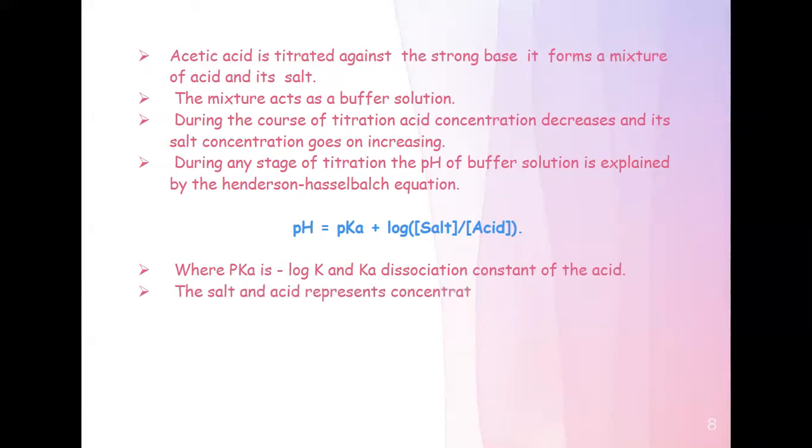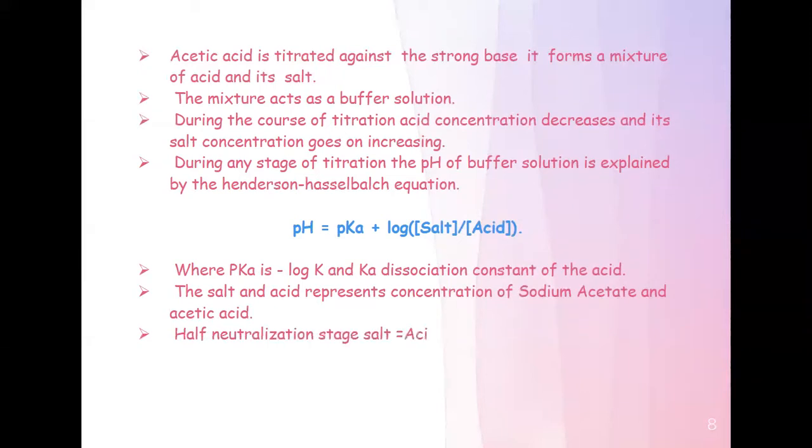The salt and acid represent concentration of sodium acetate and acetic acid. At half neutralization stage, salt is equal to acid, and thus the equation gives pH is equal to pKa.